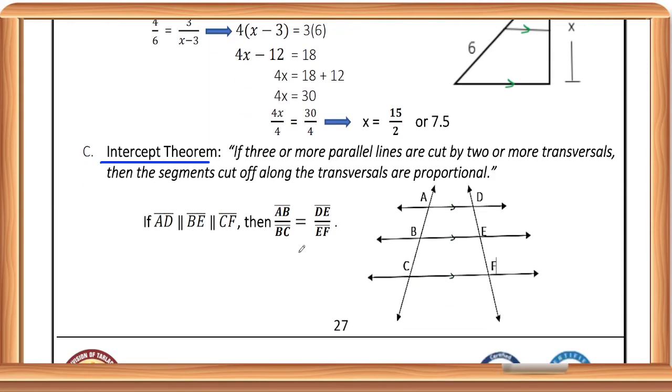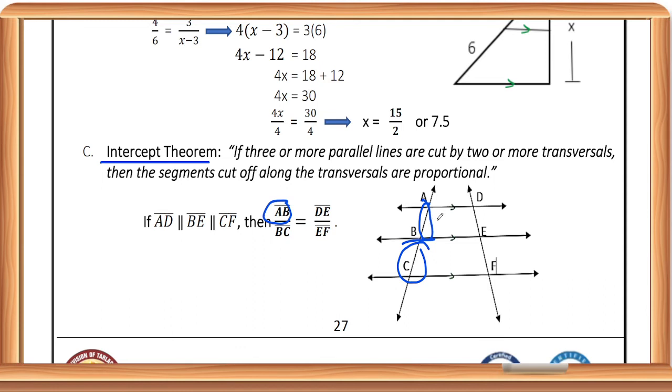We also have the intercept theorem. Remember the parallel lines cut by two transversals. Here are the parallel lines. We can say that the ratio of the corresponding sides would be equal, so they are proportional. Like AB over BC.